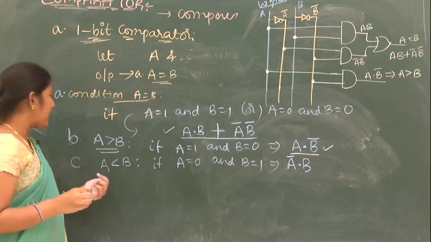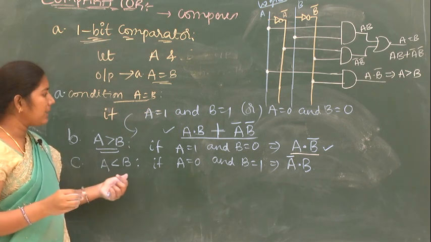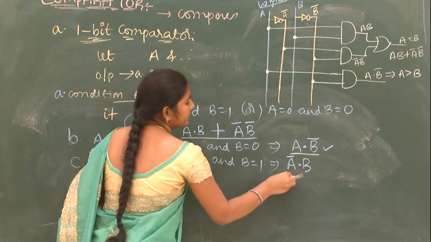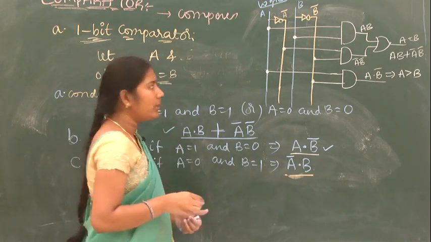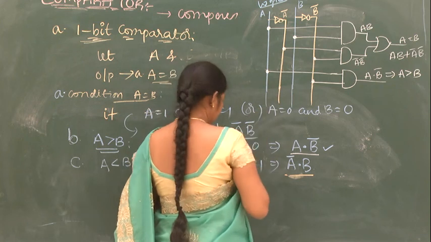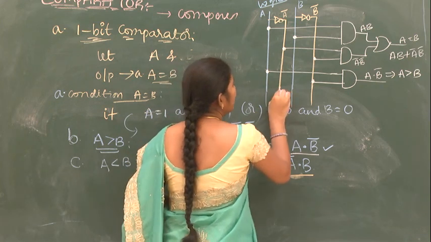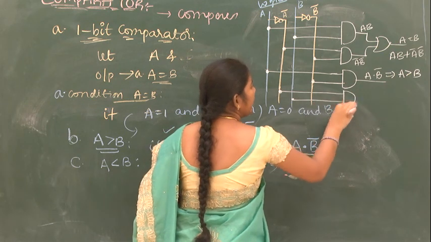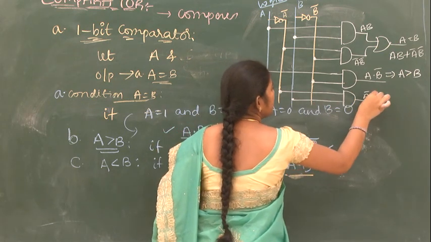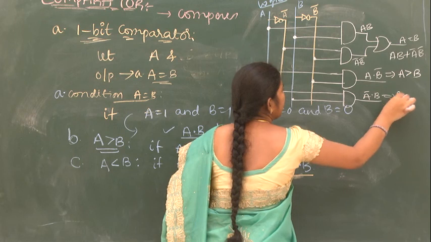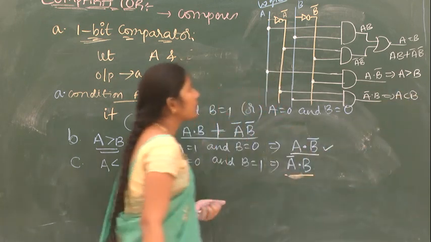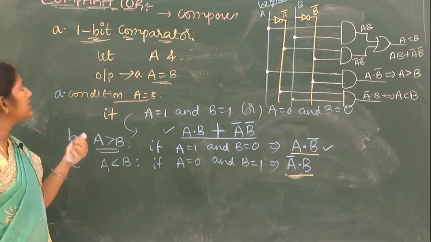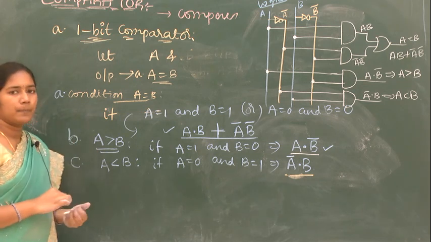Right? The last condition is what? A less than B. To get this, the condition is A bar dot B. So I am taking input from A bar and B, give it to one AND. So we will get A less than B. In this way we can design a 1-bit comparator.